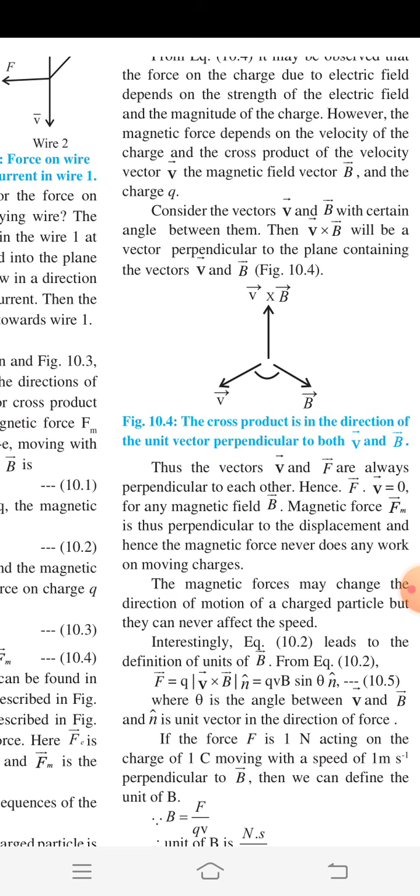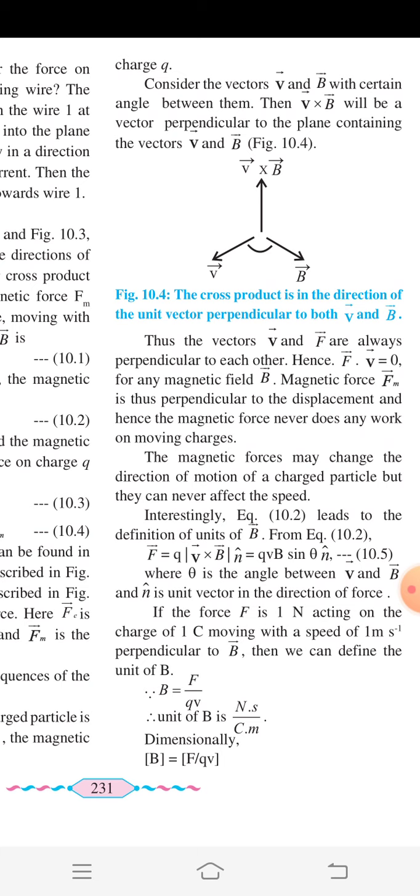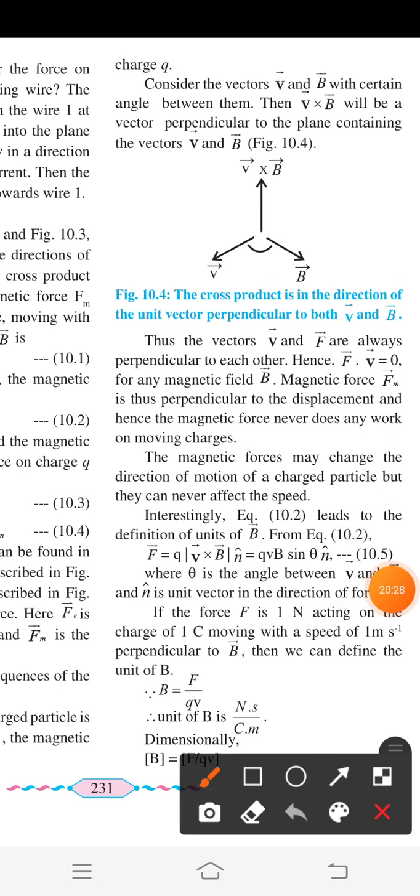Then we can define the value of unit of B. Therefore, B is equal to F upon Q into V. Therefore, unit of B is Newton second divided by Coulomb meter, where Newton is the unit of force F, Coulomb is the unit of charge Q, and meter per second is the unit of velocity.